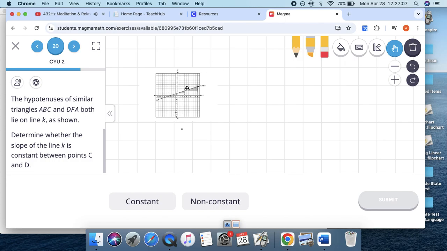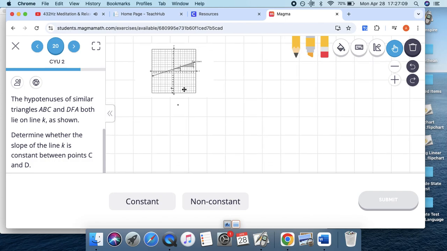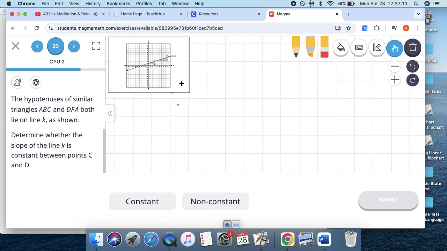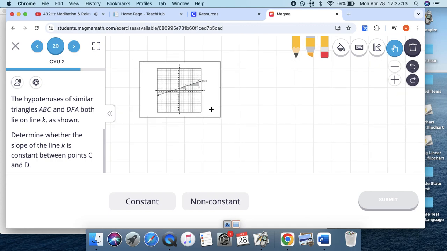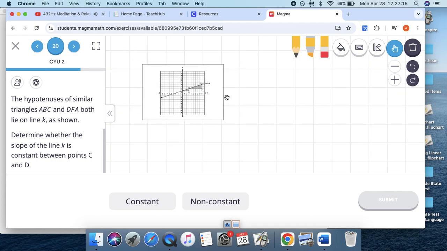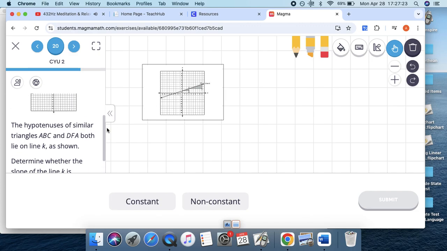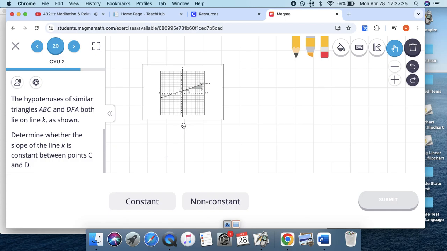Honestly, I can't see, and I don't know how to make this bigger using my pad. That's line K. Well, it is constant because it's a straight line. Okay.